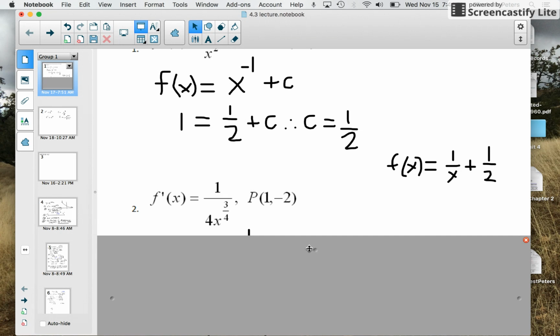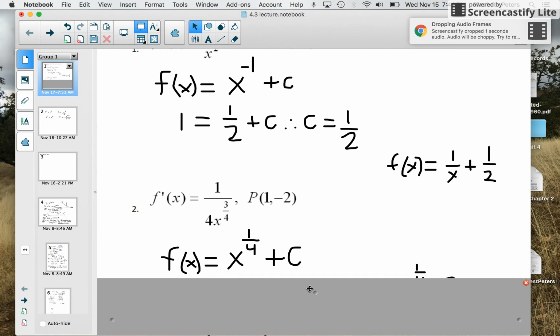Now try this one on your own, see if you can do it, using the same idea. Think about what the exponent must have been in the original function. In the antiderivative, what is the exponent there? So it should be x to the 1/4.